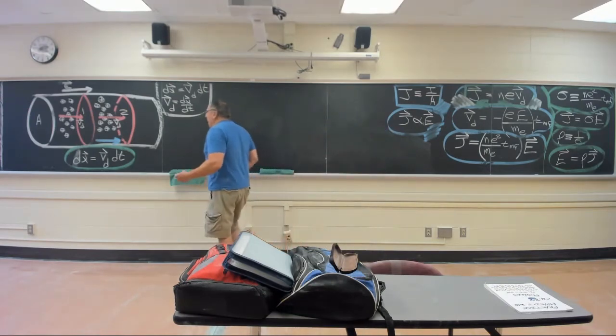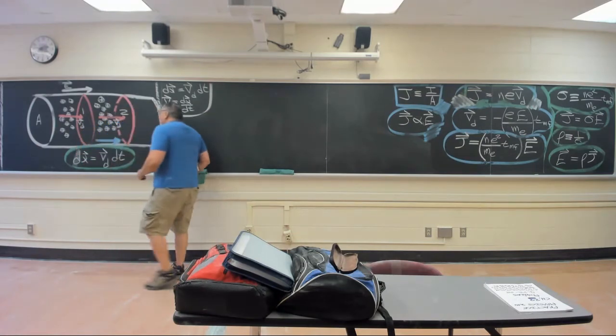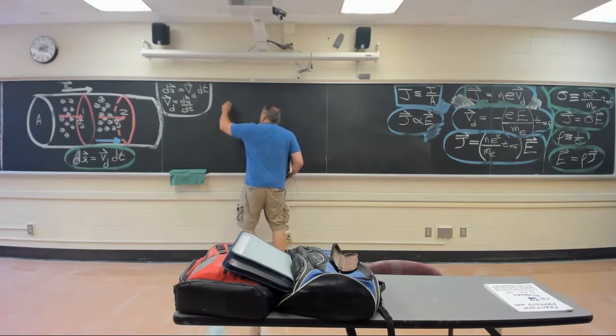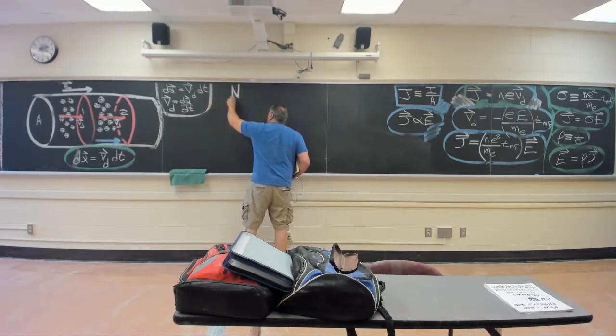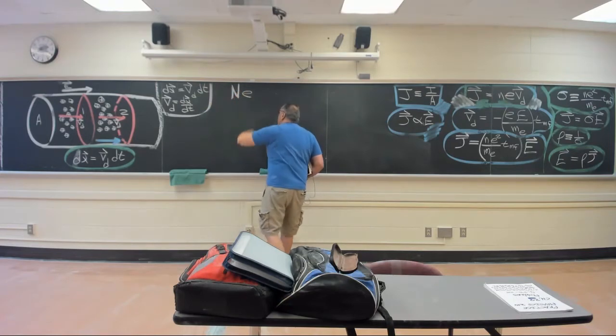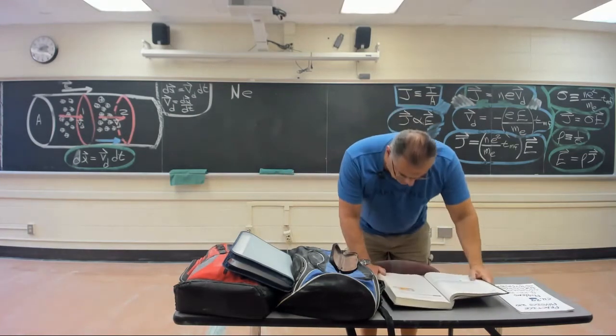Well, the amount of charge that's going to pass through here in any particular interval of time, the dq amount, is going to depend on the total number of charge carriers that get through there in a differential amount of time, times the charge that's on each one. So you can kind of look at it like that.